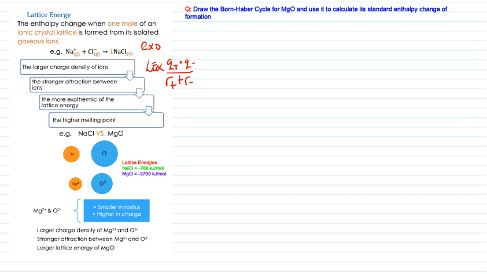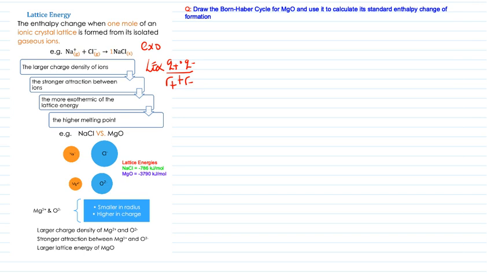So Q plus divided by R plus is the charge density of the cation, and Q minus divided by R minus is the anionic charge density. So the larger the charge density, the stronger the electrostatic force of attraction, and the more exothermic the lattice energy. And lattice energy is an indicator of ionic bond strength.